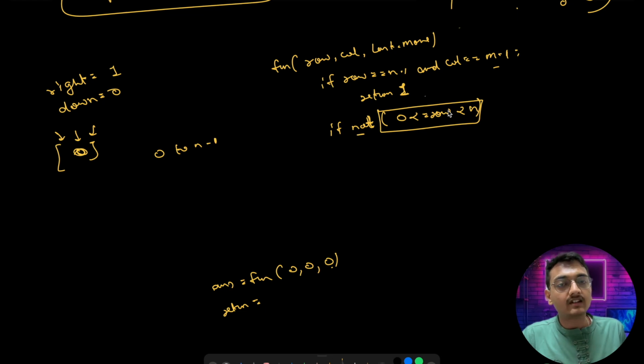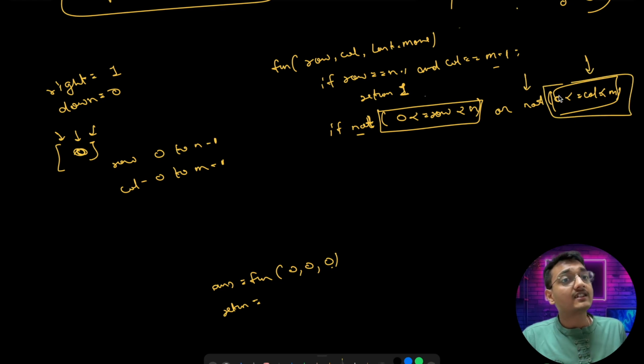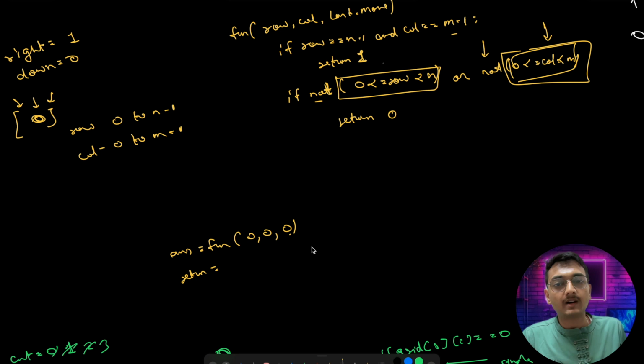So if this condition is not present, or not of 0 less than or equal to column less than m, what does that mean? This condition means my column, this is for row, this is for column, in range 0 to m minus 1. If this valid range is not there, then I can return a 0 directly. If you have any doubts in this part, just let me know.